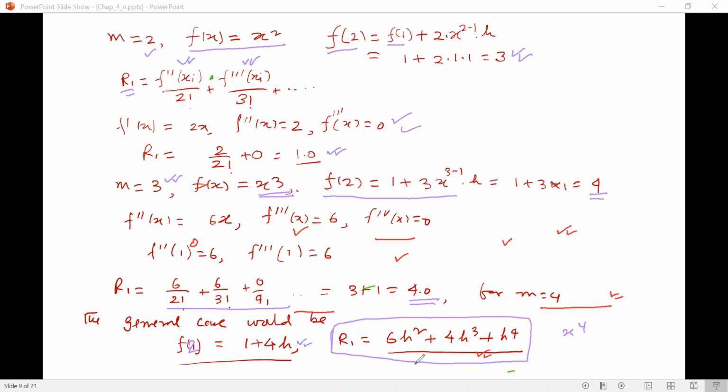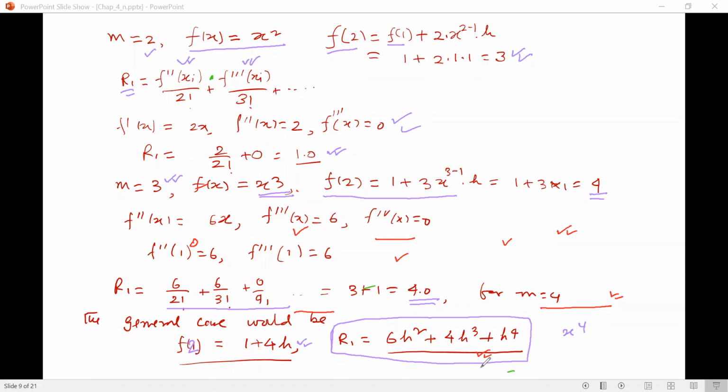Then if we set h equal to 1, then you can easily calculate what your remainder values are. But if we want to investigate, for this simple problem, what will be the effect of h on R, then what you can do is change the value of your h, the step size, and calculate the remainder.